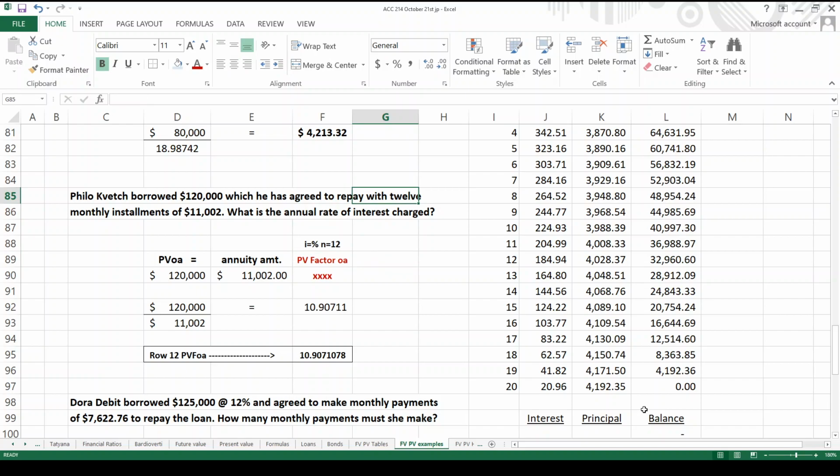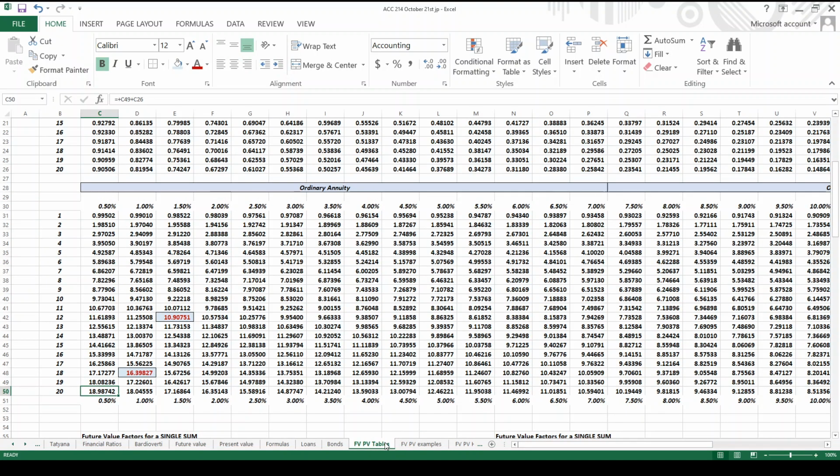So we're going to go to the PVFOA table. We're going to go across the page looking for 10.907. And there it is. We find 10.907 on row 12, which is your N, right?